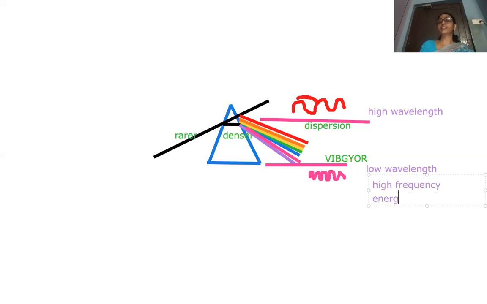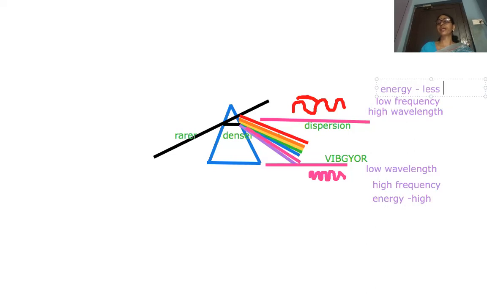For the red one, you have a high wavelength, so it has low frequency and its energy range is very low. So let's put the energy range also. Energy is less.